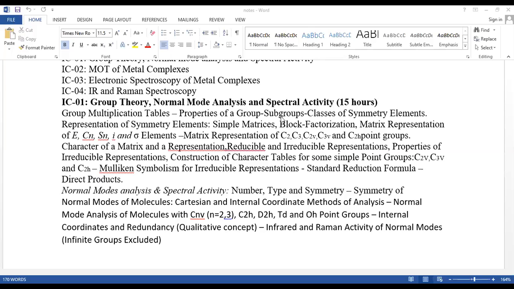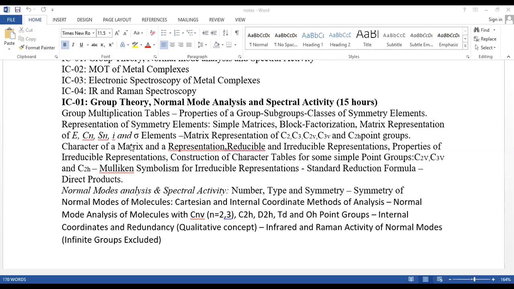Again, in that you have subgroups, classes, and how to represent the symmetry elements with the help of matrices, block factorization, matrix representation of the symmetry elements E, Cn, Sn, i, and sigma. Then matrix representation of the C2, C3, C2v, C3v, and C2h point groups.